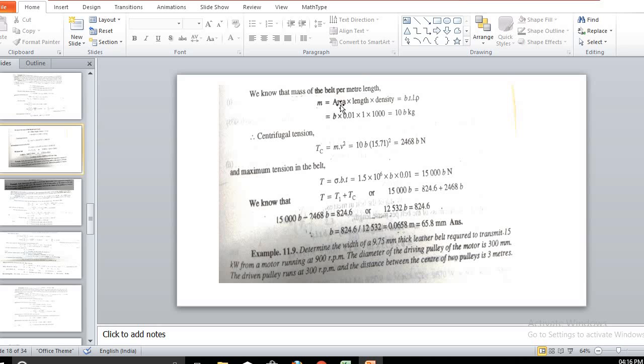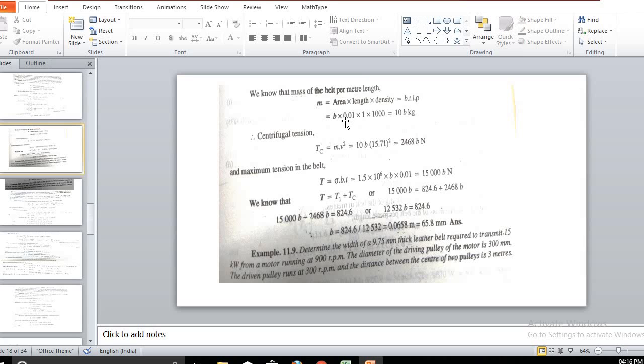So area into length is the volume. Area is nothing but width into thickness.